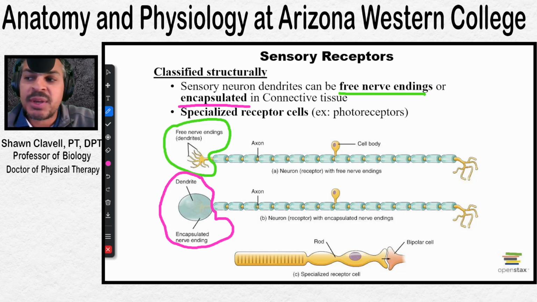So a specialized receptor like a photoreceptor, or a chemical receptor like those of your smell and taste, are specialized receptors. So again, in terms of structural classification, you either have free nerve endings or encapsulated nerve endings as the primary categories, and if all else fails, they're a specialized type of receptor.